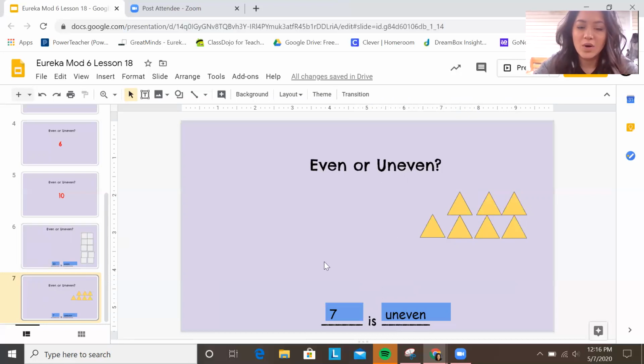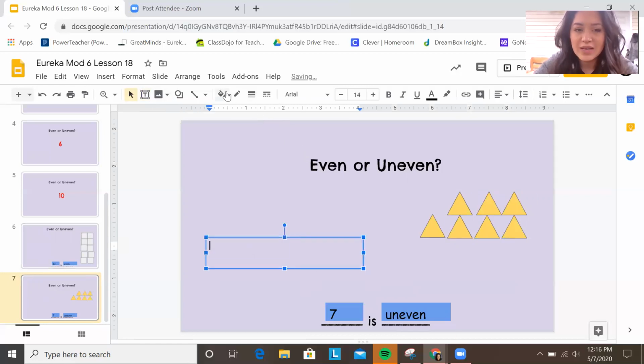All right. One thing that's really special about these numbers, we can classify them as even or uneven, but something really cool is that even though 7 is an uneven number, listen really closely, if we double, which means bank 2, if we double that addend, will our answer be even or uneven?